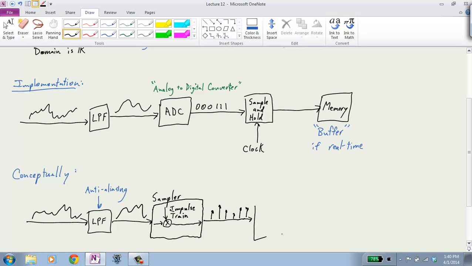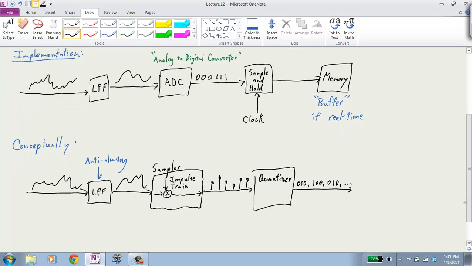And then we feed it into a quantizer. And out comes a digital representation of the magnitude of each of those samples. So something like these each would represent numbers having to do with the samples at the input. Okay.